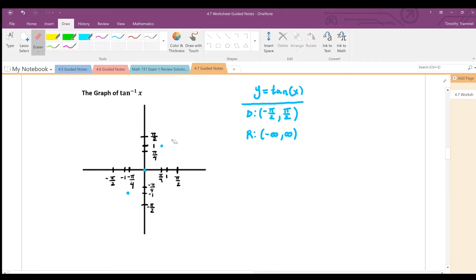Let me try that one more time. There we go. And we also know that we have an asymptote at minus pi over 2 and pi over 2 if we're working with tangent.